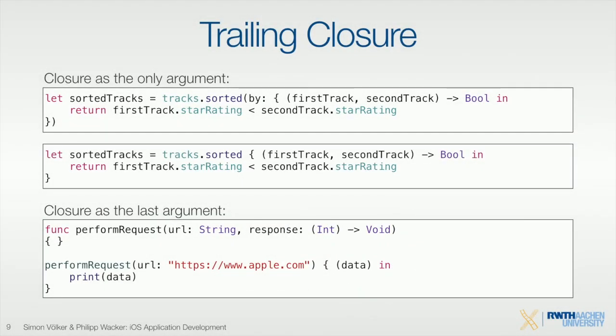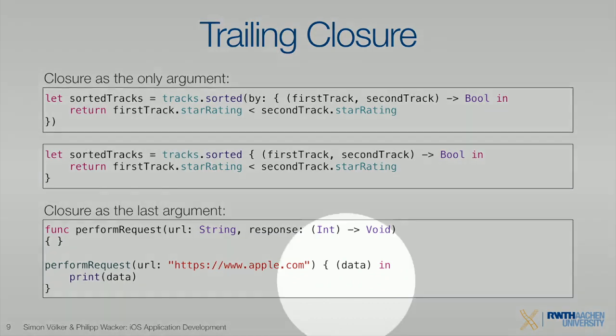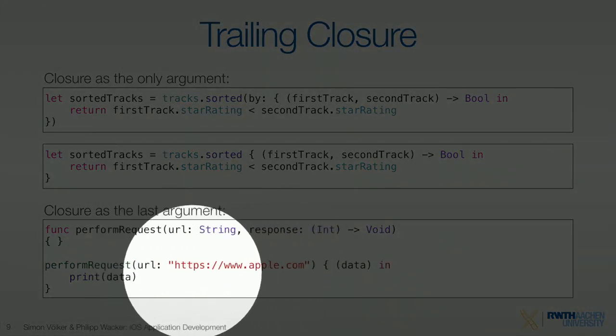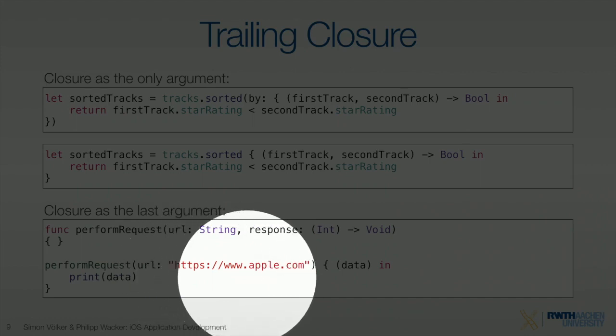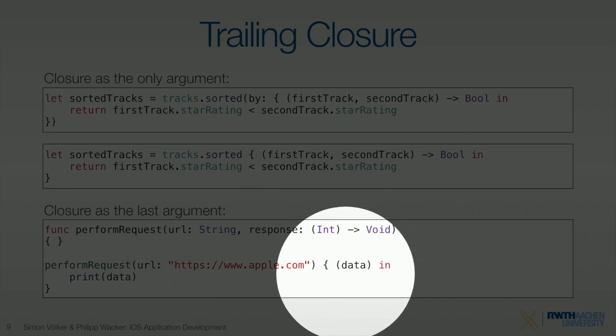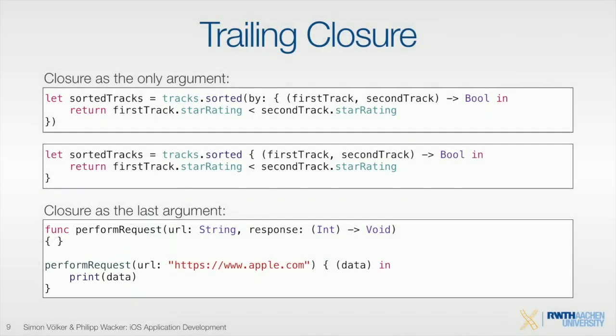And instead of having all of that within the parentheses, you only have here the URL, similar to what you already know, pass over the string, but then you close the parentheses and just have the closure in the curly brackets behind it. So it's simpler to read, makes it a little bit easier.